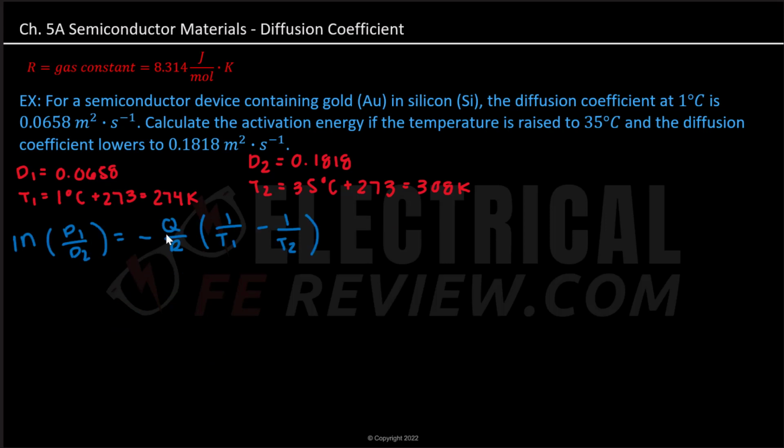So our next step in solving is to move our activation variable Q to the left-hand side. We can do this by dividing first our temperature.